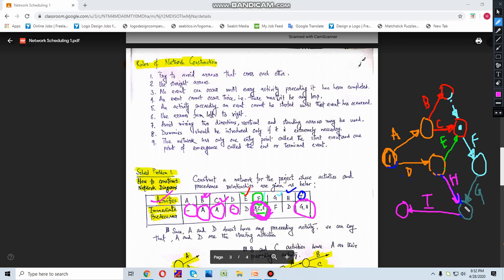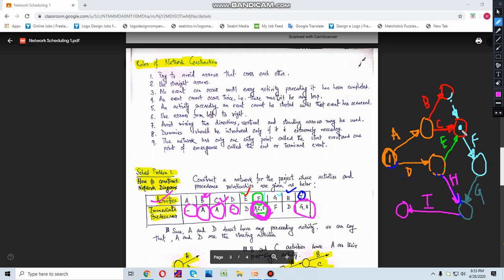So G and H will be merging here, and B, C and E were merged together here with the help of a dummy activity. As we don't have any other option to connect them, we were compelled to use the dummy activity.